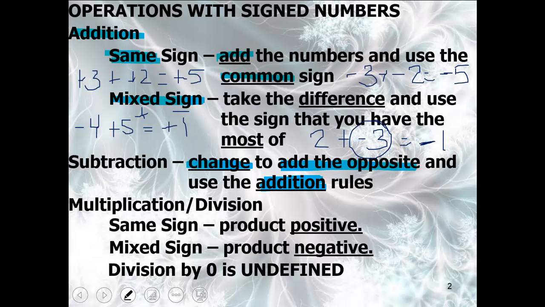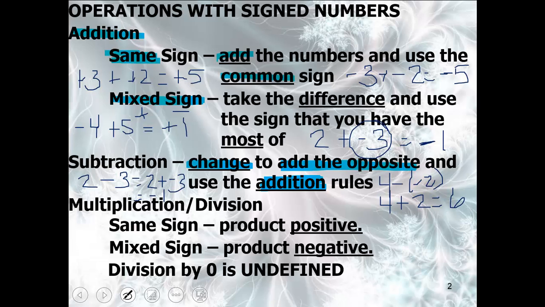If I have 2 minus 3, I rewrite that as 2 plus a negative 3, and applying my rules of addition, that's negative 1. If I have 4 minus a negative 2, I change it to addition and add the opposite. 4 plus 2 is 6.